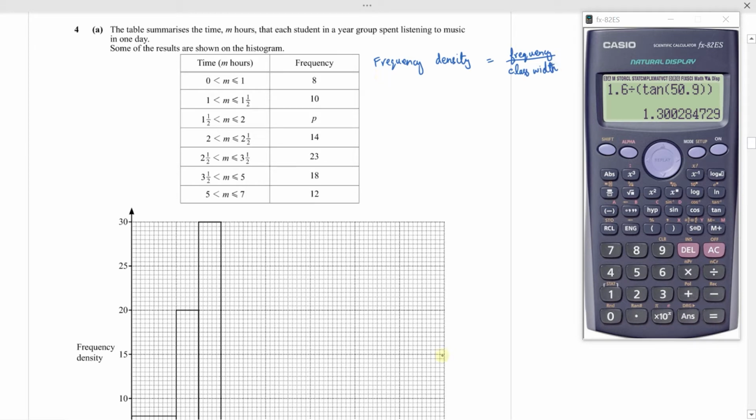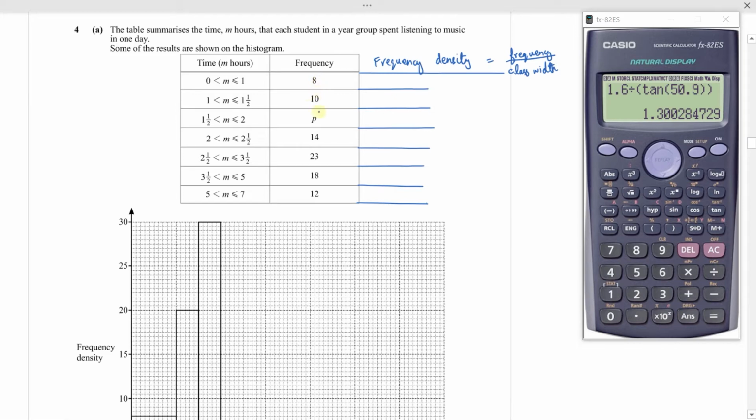So let me extend this table here. This will be your frequency density.